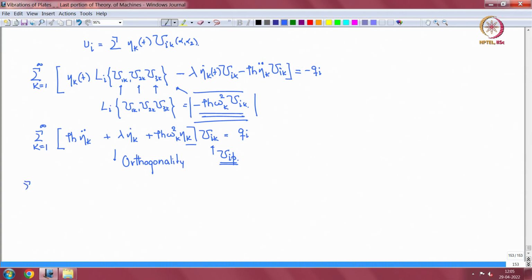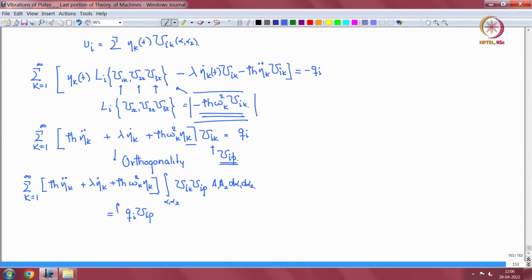Okay, so we get summation k 1 to infinity of rho h eta_k double dot plus lambda eta_k dot plus rho h omega squared_k eta_k, times the integral over alpha 1, alpha 2 of u_ik u_ip a1 a2 d alpha 1 d alpha 2, and on the other side I have q_i u_ip, again integrated over alpha 1, alpha 2, a1 a2 d alpha 1 d alpha 2.